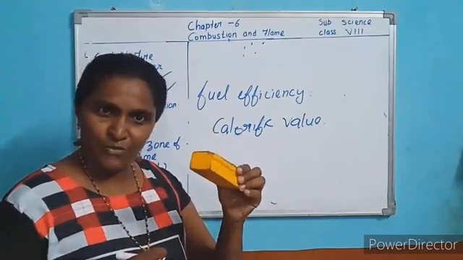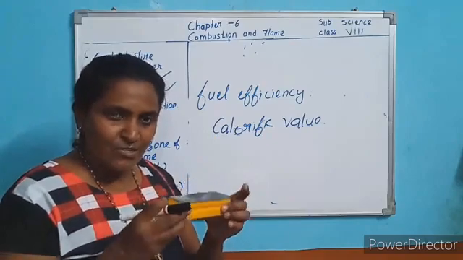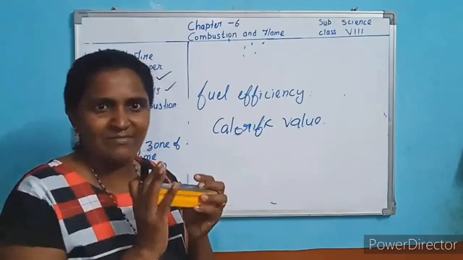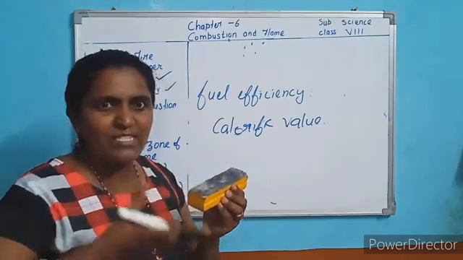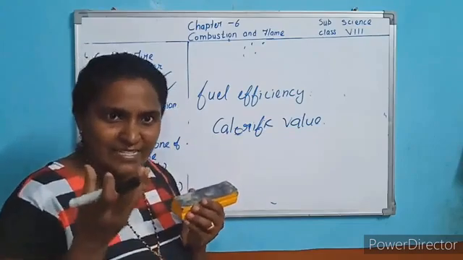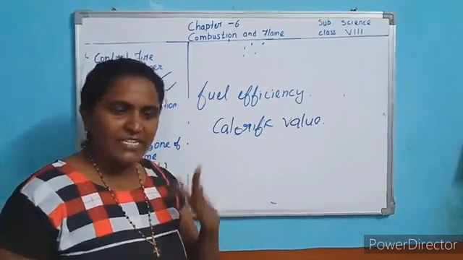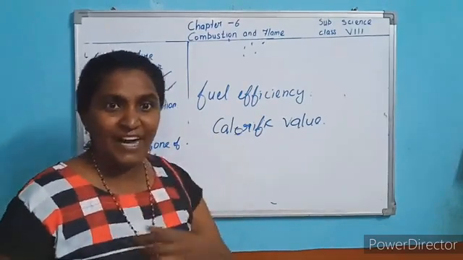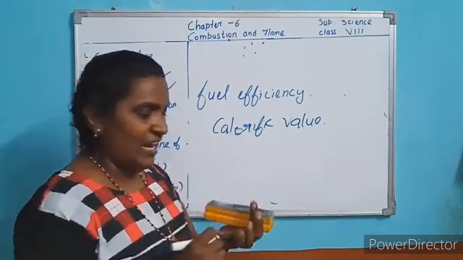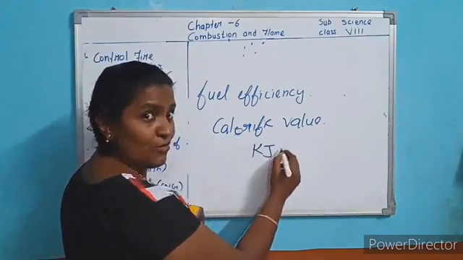Take 1 kg of fuel, heat it, and burn it completely. After burning, how much energy is released by 1 kg? That energy is called calorific value. The definition: it is the amount of energy liberated by 1 kg of fuel on burning. And its unit is kilojoule per kg.